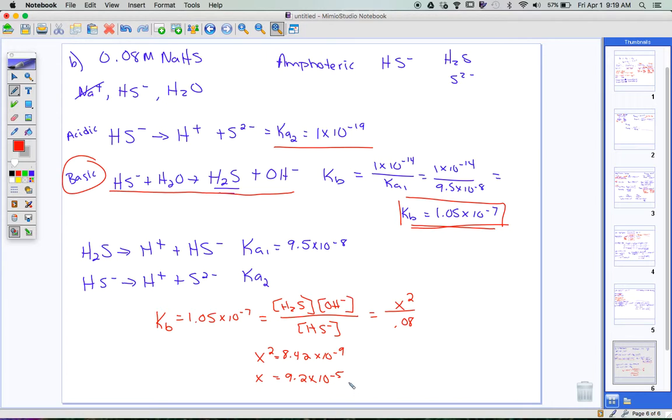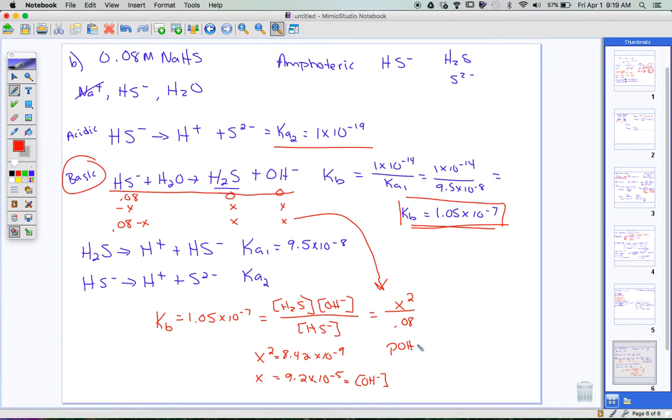Well, x is the OH minus concentration, right? If you need to see the ice table, then set it up. And that's exactly what I plugged in down there. So you can see that x is the OH minus concentration, and then I do the same thing.